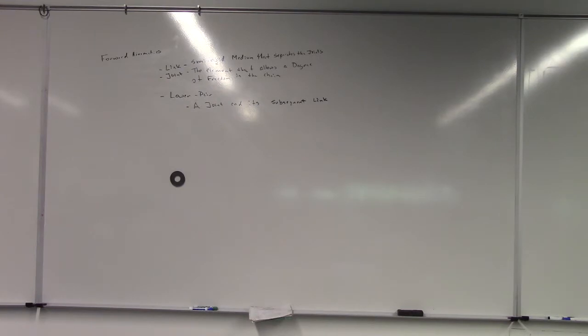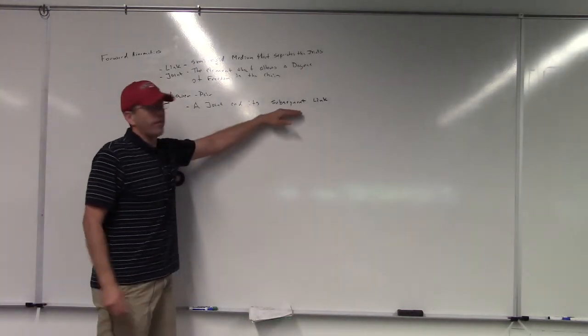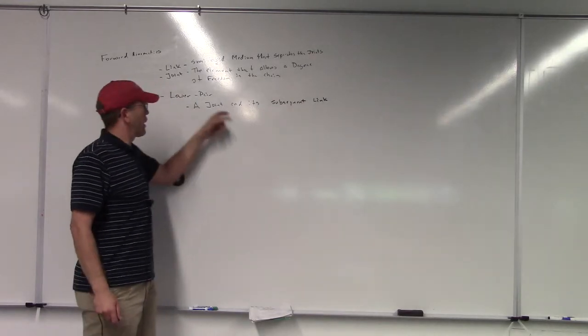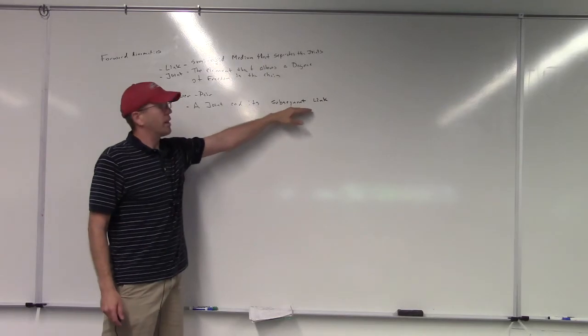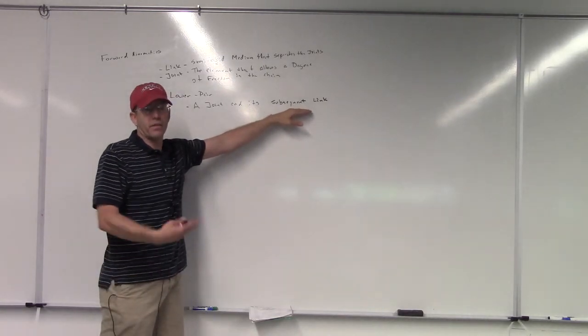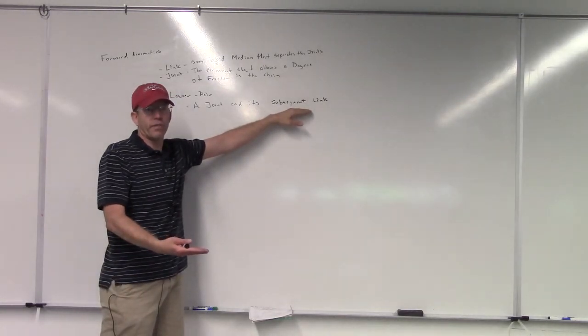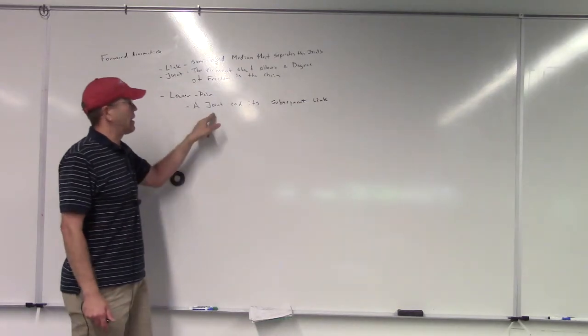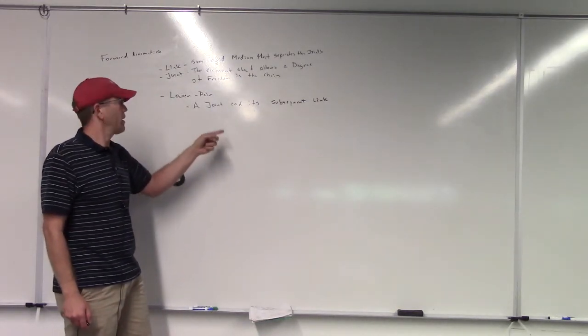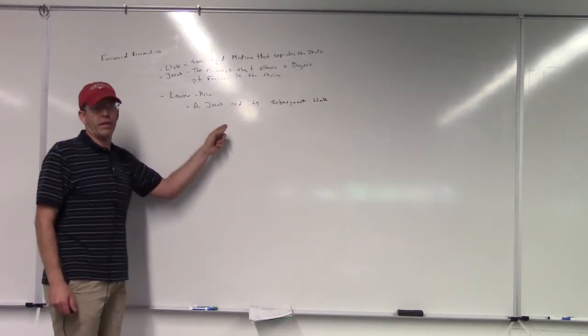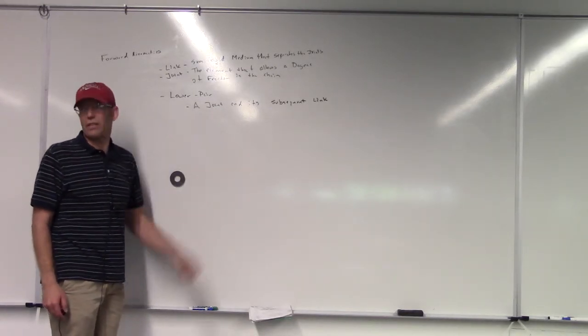Why do you suppose we would be interested in defining a joint and its subsequent link? Because they work together. Well, yeah, because the joint describes the motion of the link, right? If we're looking at a particular joint, that joint is going to describe how the link that it's connected to can move, okay? Why not the previous or preceding joint? Why are we uninterested in the preceding link in terms of this joint?